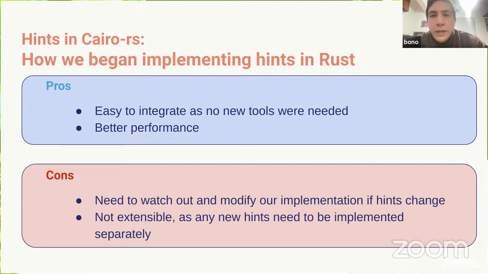In that way, for example, when running a Cairo 1 contract, you can plug in a Cairo 1 hint processor and implement them in Rust, forget all the Python matching and just match on a Rust enum, and make it easier. So it's really extensible. Nowadays it's way better. At the beginning it was search and replace, and now we have a plugin system, but it took us some time to design it and to make sure that it was useful to others.